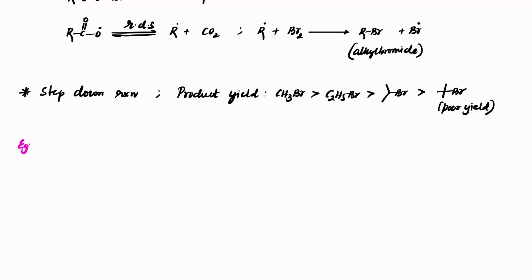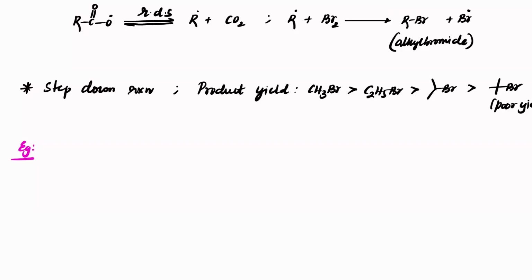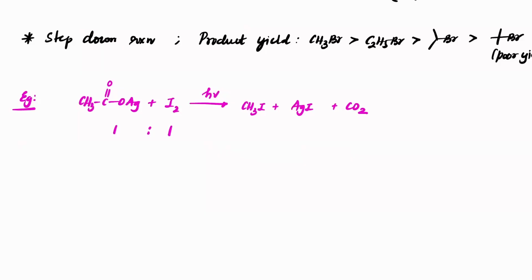Check this out. Suppose I have CH3C(=O)OAg and react with I2 in the presence of h nu, correct? If I have a 1 is to 1 ratio, then the product is very simple: CH3I, AgI formation and carbon dioxide.